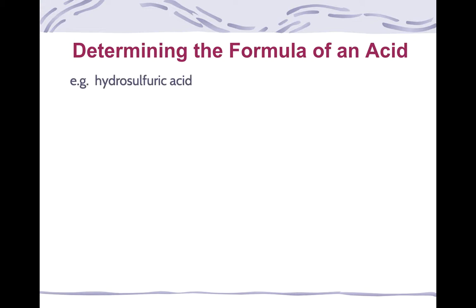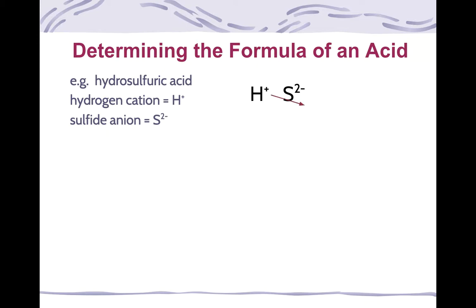Let's look at some examples. Hydrosulfuric acid. The hydro says this is a binary acid, so we have hydrogen and we have sulfur. So we have the hydrogen cation and the sulfide anion. We cross those over to give us H2S. Now here's sulfuric acid.